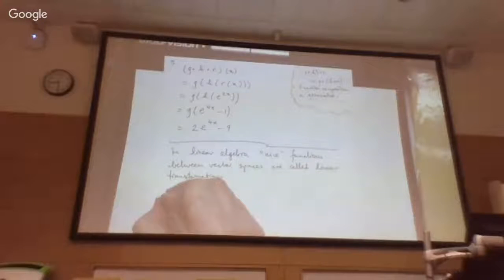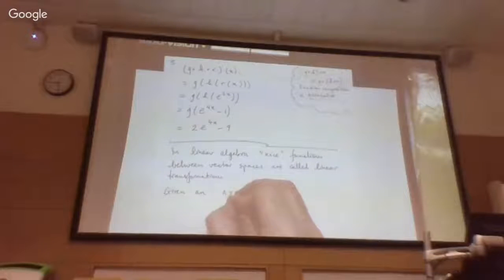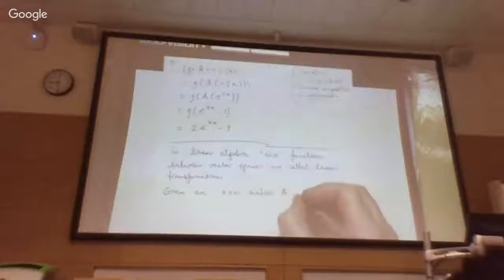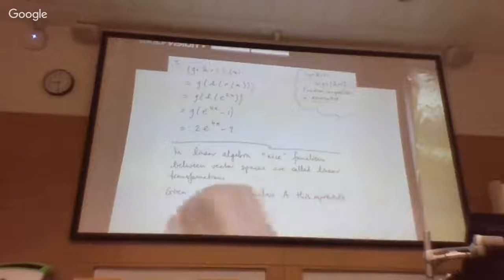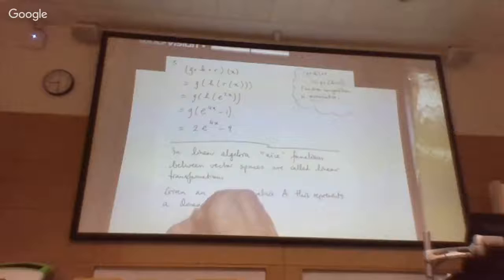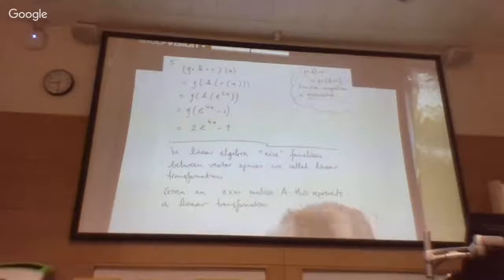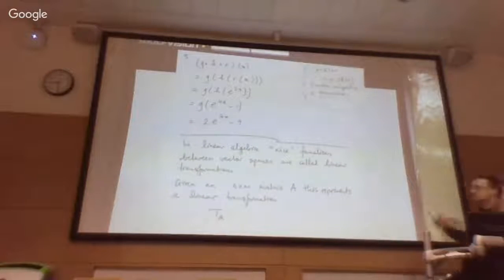And given an n by m matrix A, this represents a linear transformation T_A, T for transformation.